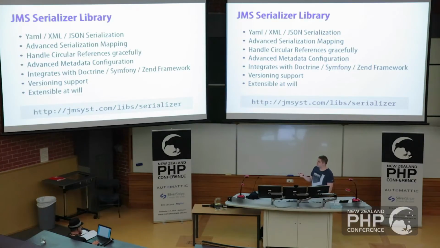It can handle versioning. You can tell, for example, I want this property to be serialized until version 1.0 of my API, and I want to serialize another property from version 1.1. So we really have many features in this tool, and you can basically serialize or deserialize any complex object graphs.